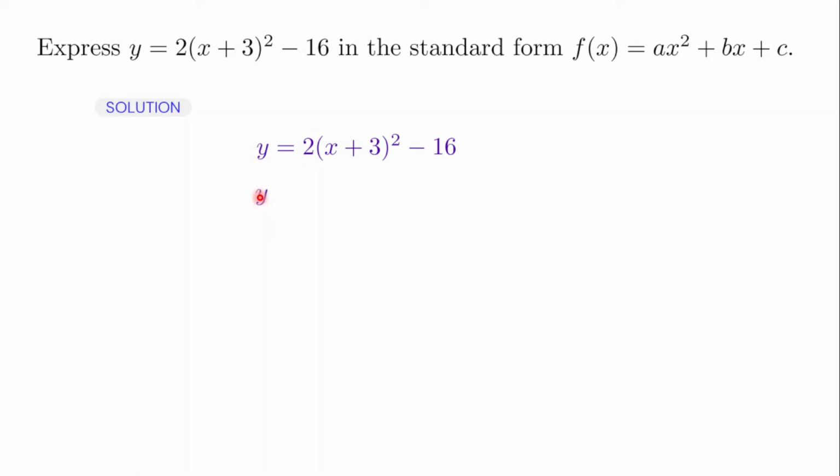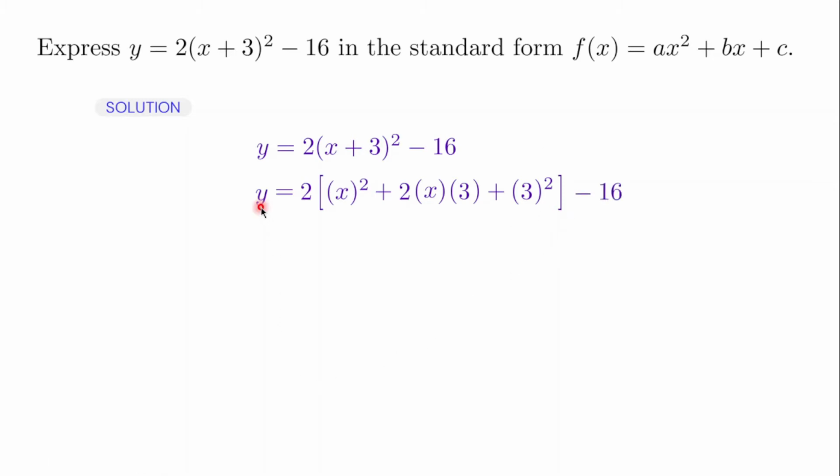So we have y equals 2 times, we place the square of x plus 3 inside another grouping symbol. So we have x squared plus 2 times the first term x times the second term 3 plus the square of the second term 3 and then copy minus 16.